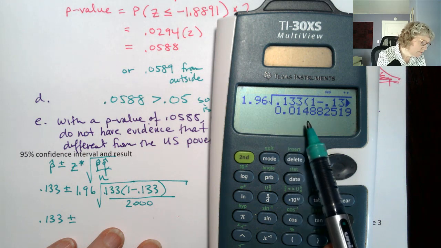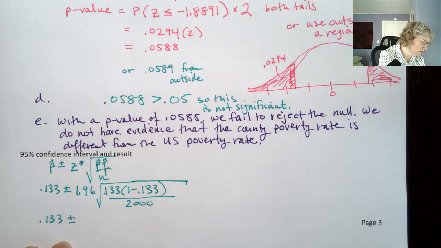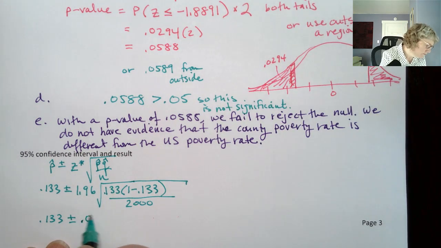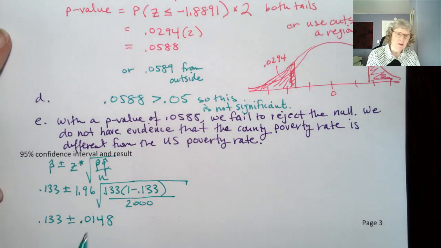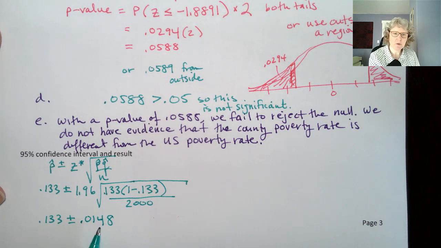Okay, 0.0148. Pretty narrow, right? A 1.5% margin of error, because we have this big sample size.